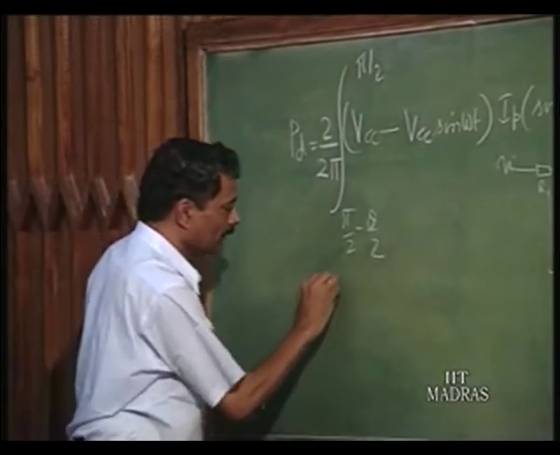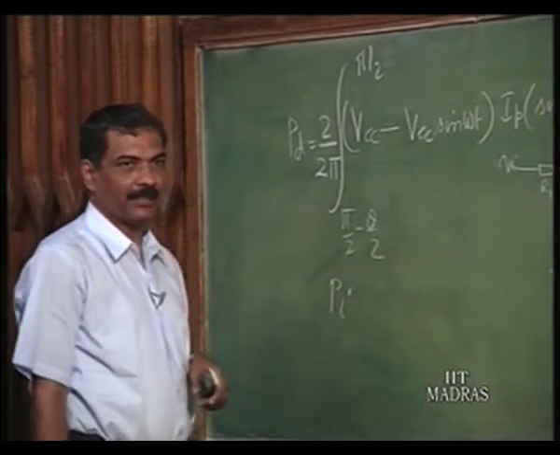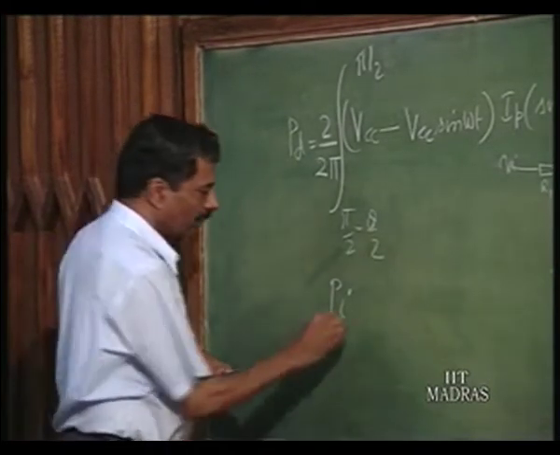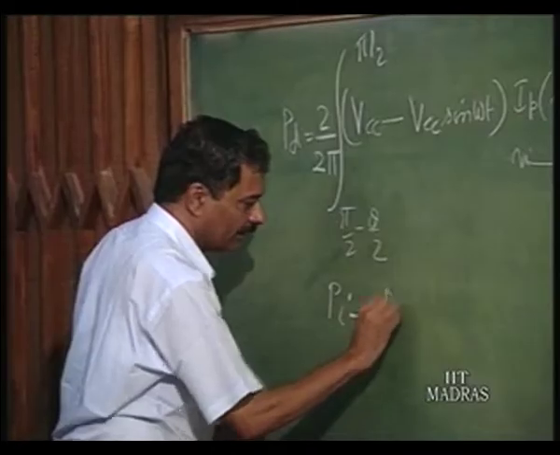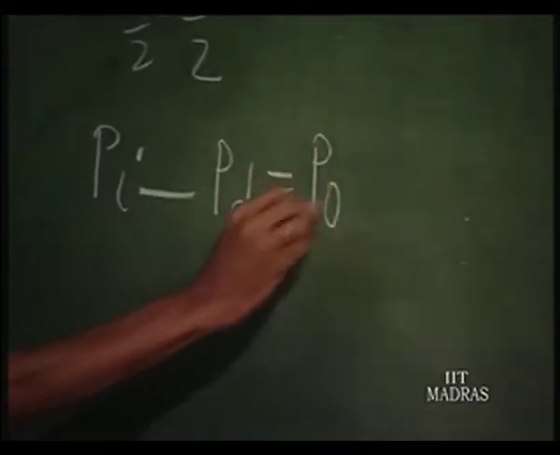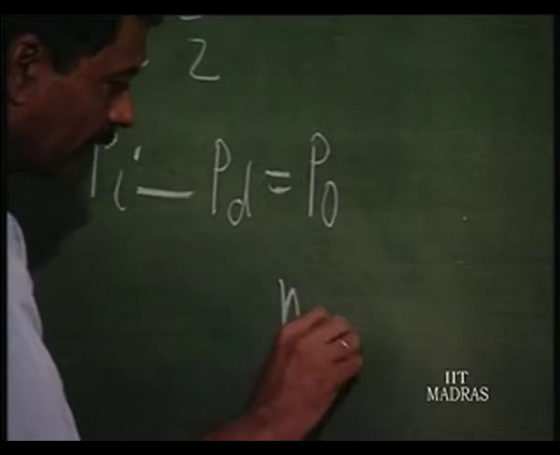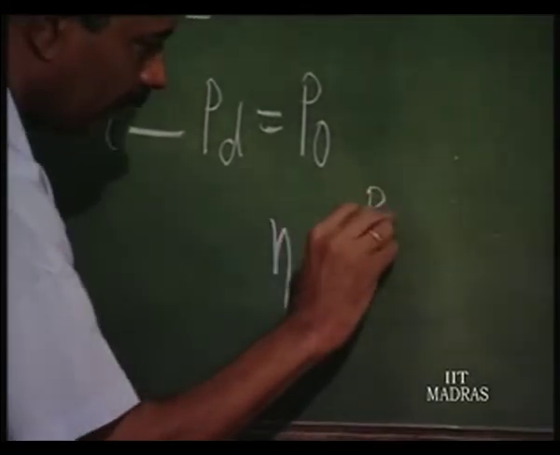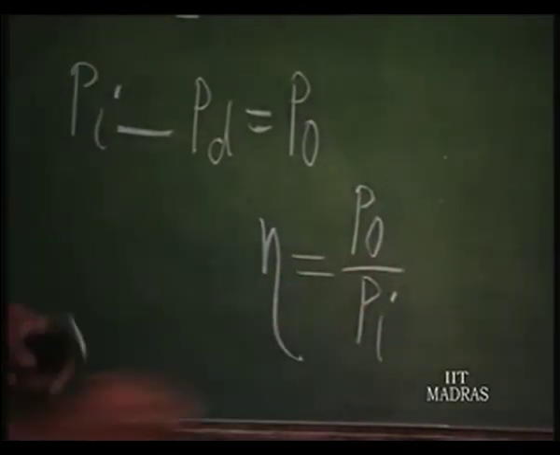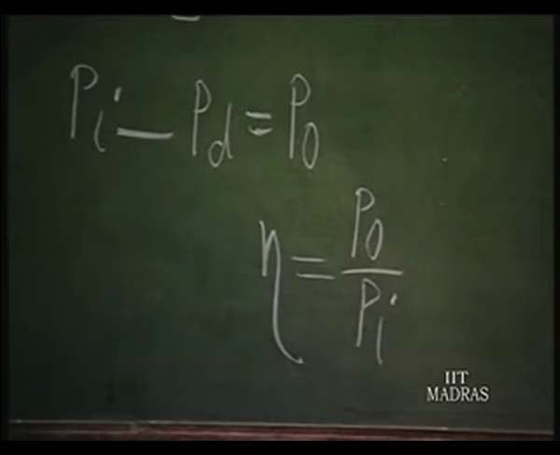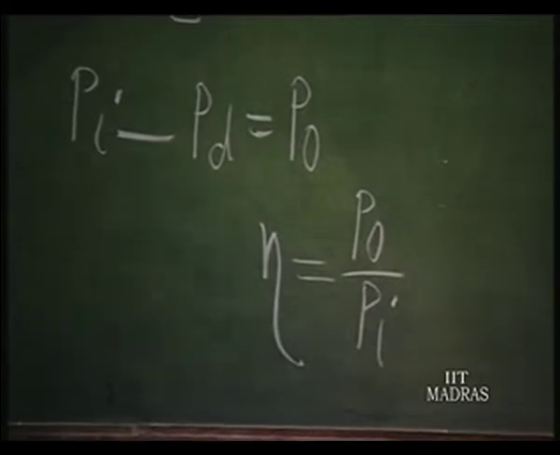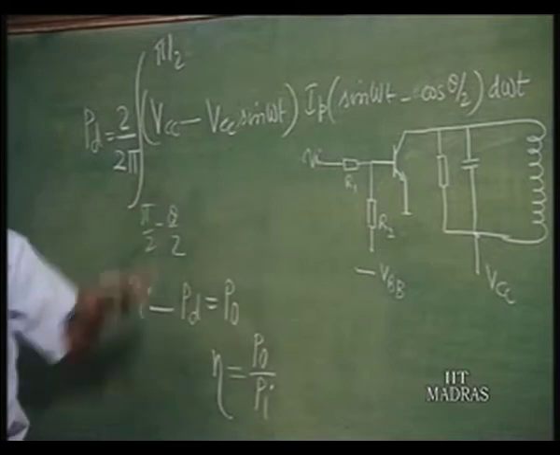So, power inputted, which has already been evaluated by us, minus power dissipated is the output power. So, efficiency therefore is nothing but output power divided by input power. We can once again evaluate this.